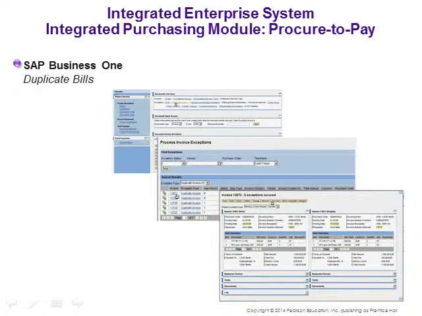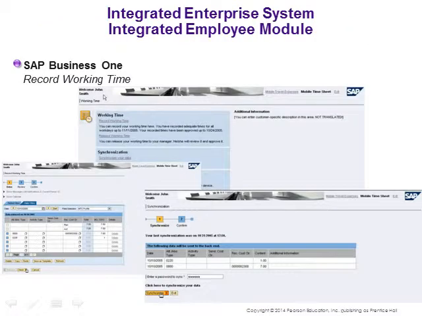So this is one of the other advantages of having sort of a one-stop shop or one integrated system versus having different modules for different functional areas, is that because it is integrated, because there is one database behind the scenes, you're able to leverage all of the information in that database and perhaps build in some controls, internal controls, more efficiently than the other process of having different applications by functional area that then have to be integrated. This is just a sample of screens used to record time worked in SAP.